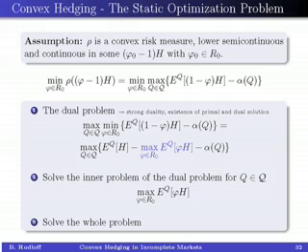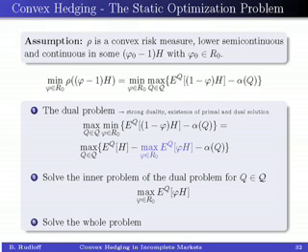Okay. So the first step, as I said, we can prove that the min-max can be changed. And then in the second step, we want to consider the inner problem of the dual problem. So we can fix one of these measures Q and just consider the inner problem for one specific Q, and we try to solve this problem.